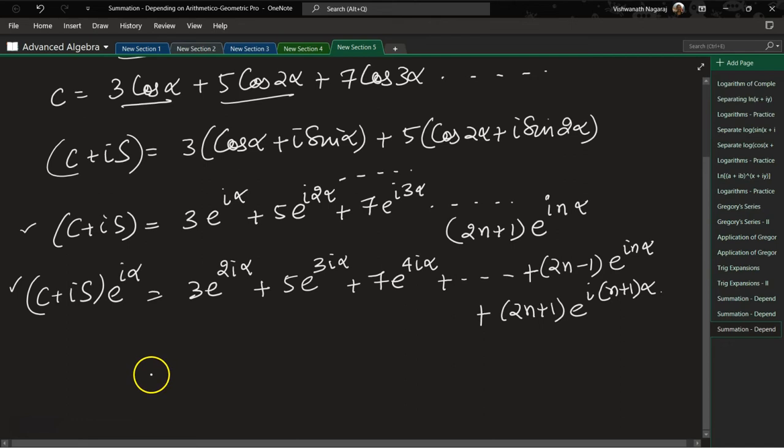So let's proceed. So C plus iS minus C plus iS times e to the power of i alpha will give us what?